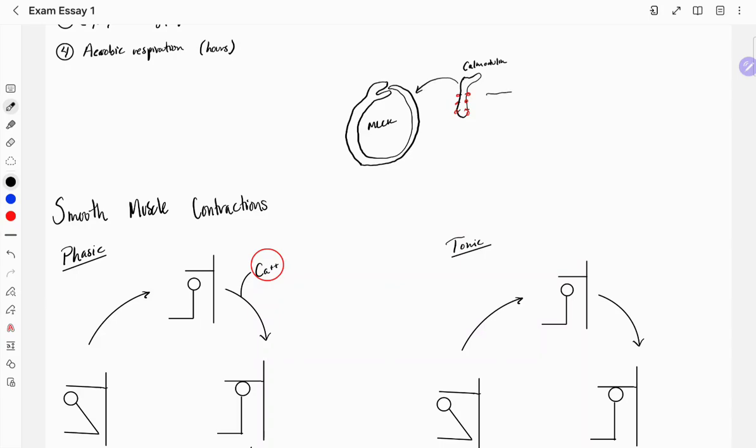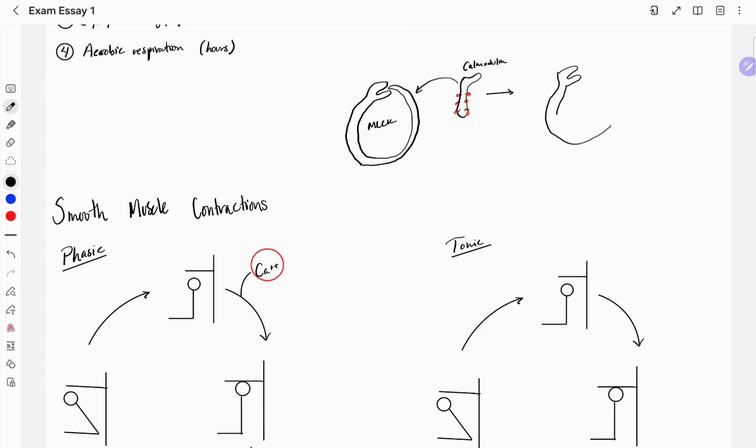And when that happens, this MLCK undergoes a, I can't think of the word right now, but basically a structural, or a conformation change. And we pointed out that kind of looks like a snake earlier, which whether it does or doesn't, I don't really know.